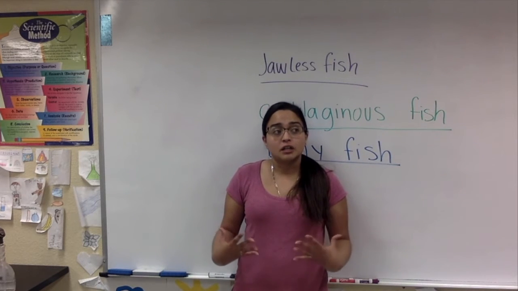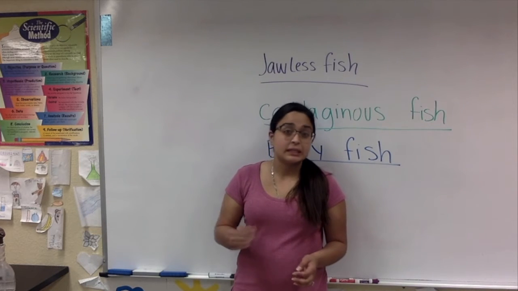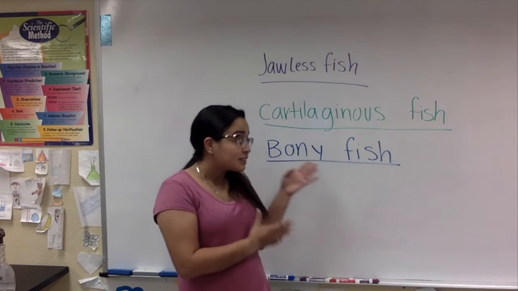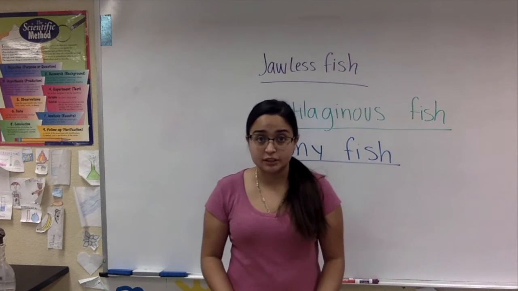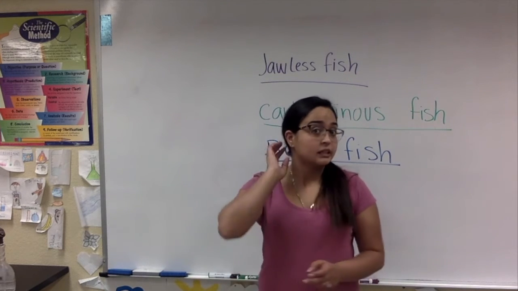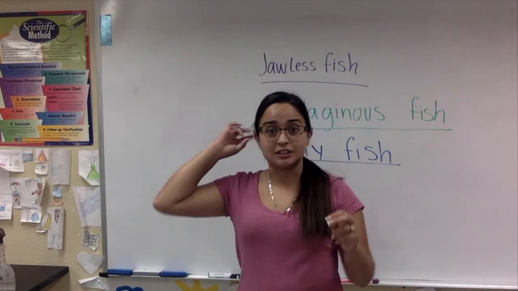Now, cartilage is a tough tissue that's still soft, and it's not hard like bone. If you want an example of what cartilage feels like, touch your ears. They are actually made out of cartilage.